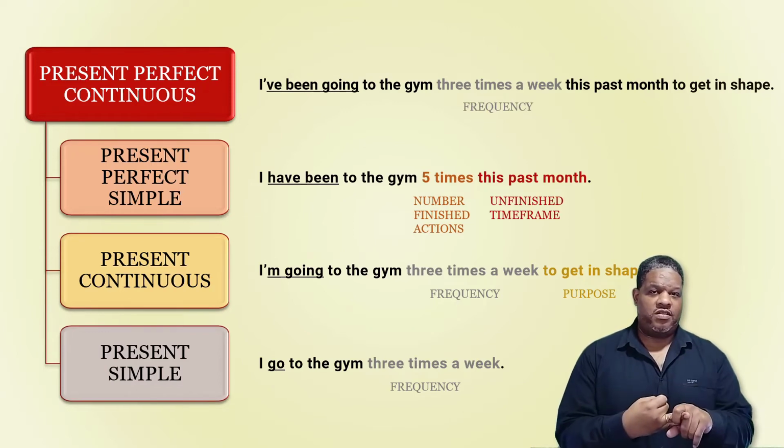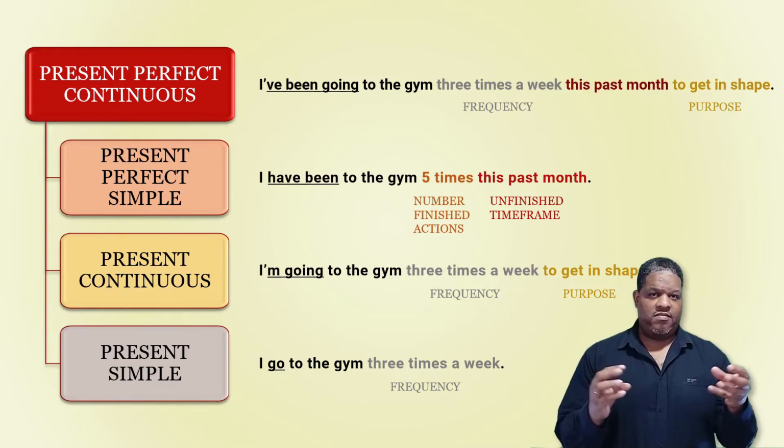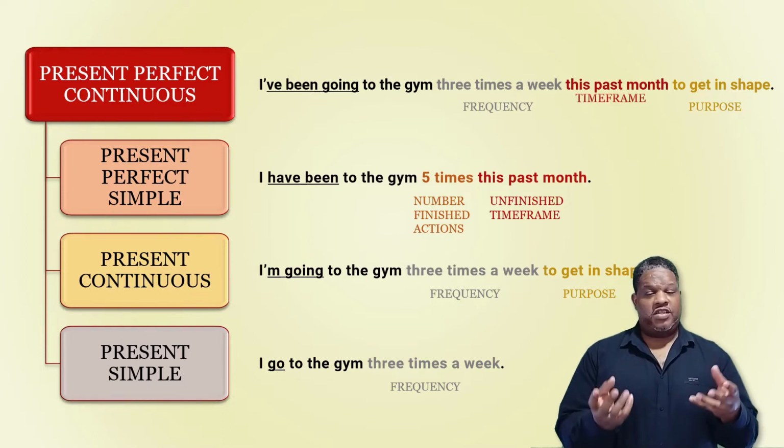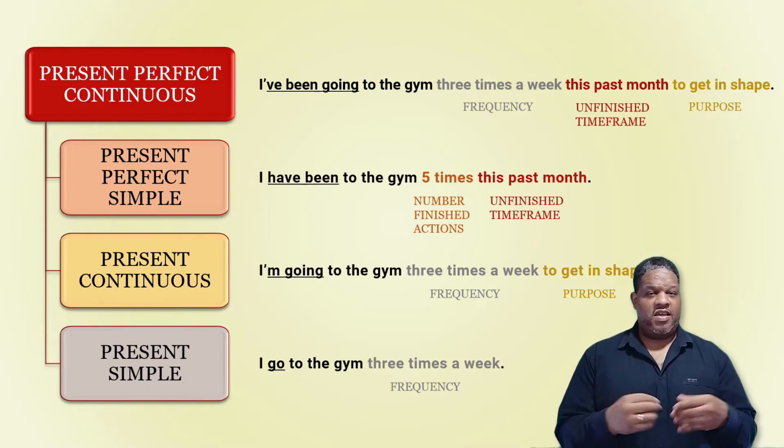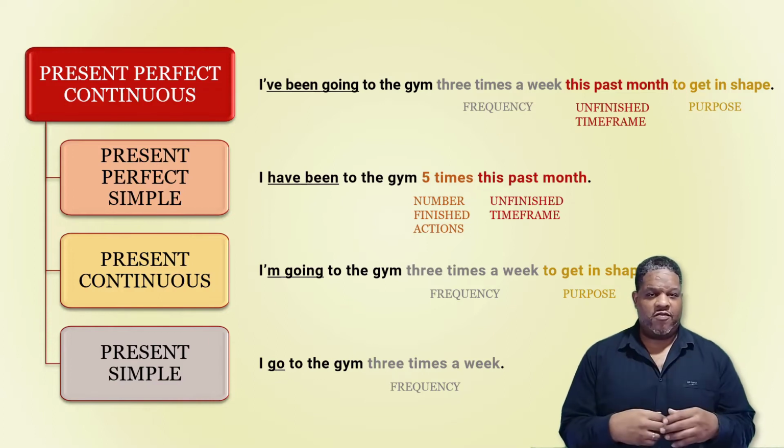We kept the purpose, to get fit, and we have kept the time frame, this month. Well, this month is unfinished, and the frequency, the repetitions, is also unfinished, so we use the present perfect continuous.